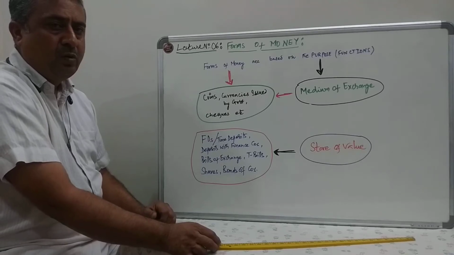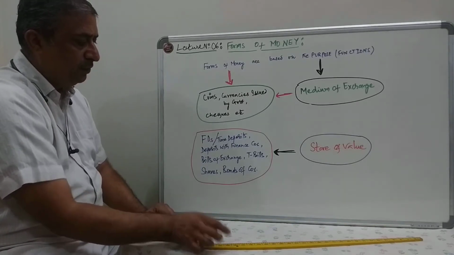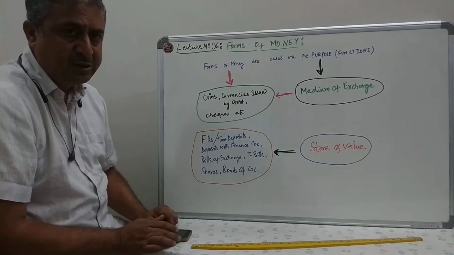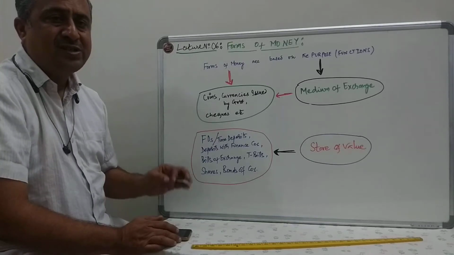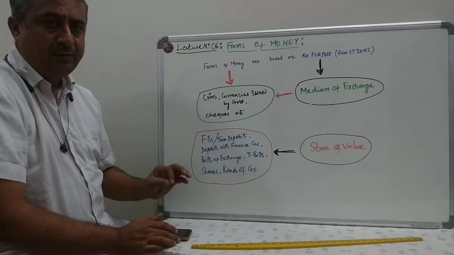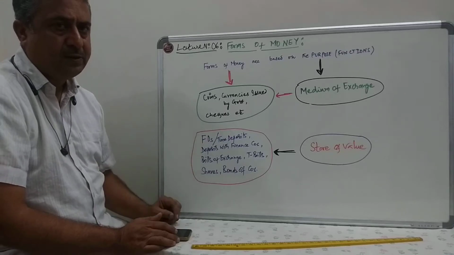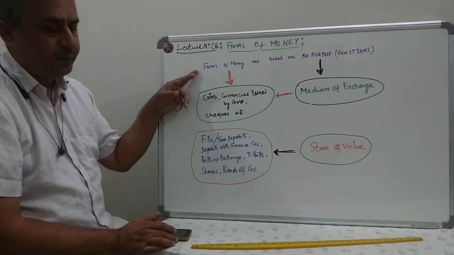Based on that function, fixed deposits, the money that is deposited with a bank to earn interest for a certain period of time at a fixed rate, is what we call fixed deposits. So fixed deposits are also a form of money.